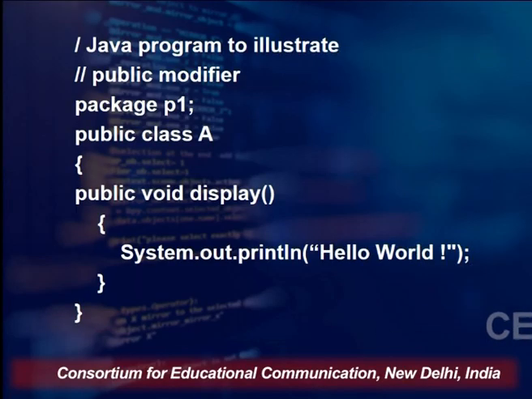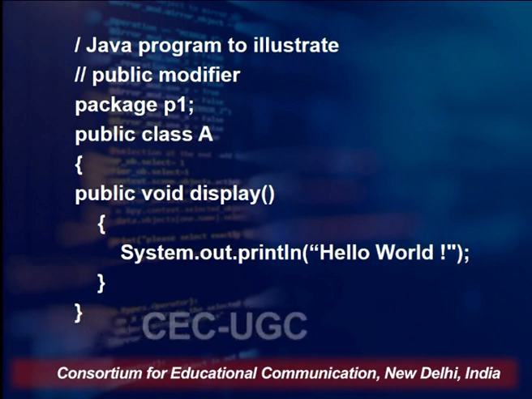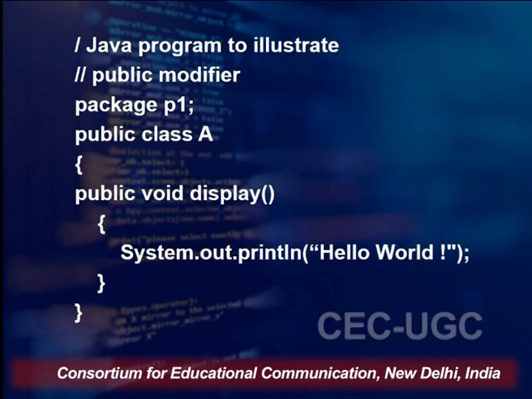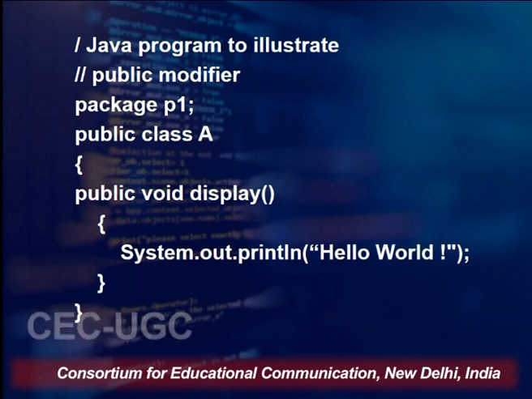So in order to illustrate this public modifier, let us consider a very small program. Here is a package P1 and a class A, and we have prefixed the declaration of this class A with the keyword public, and then we have a method within this class A which is also public.